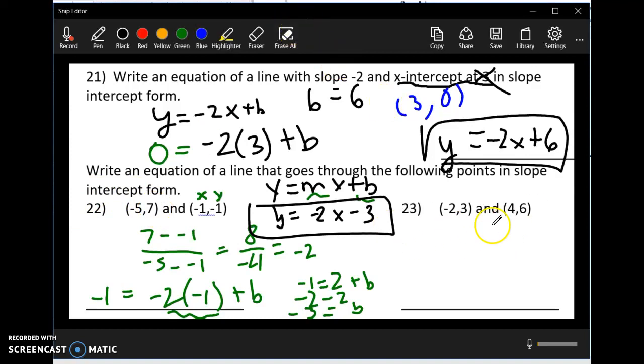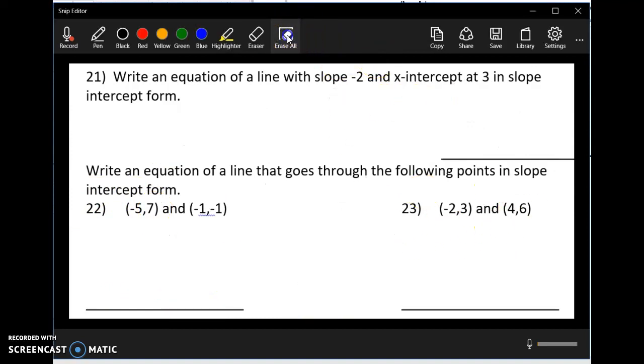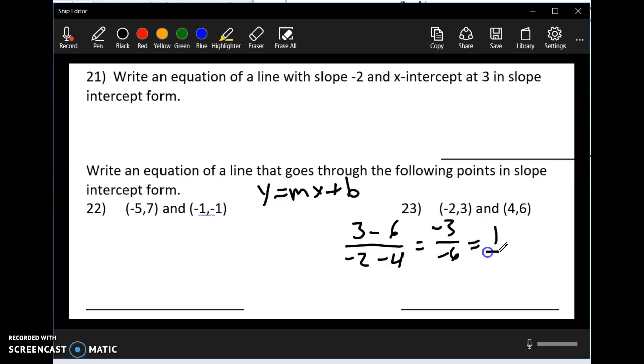I'm going to erase everything so I have more room to solve 23. So again, for this one, we'd have y equals mx plus b. We're going to find our slope by subtracting the 2 points. So I'm going to go 3 minus 6 over -2 minus 4. That's going to give me -3 over -6, which will give me 1/2.